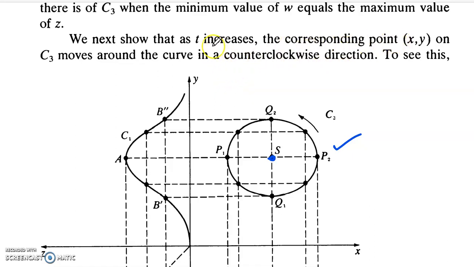So what we need to show is that as t increases, C3 moves along the counterclockwise direction. So let us look at the change in direction. How are dx by dt and dy by dt changing along the graph.